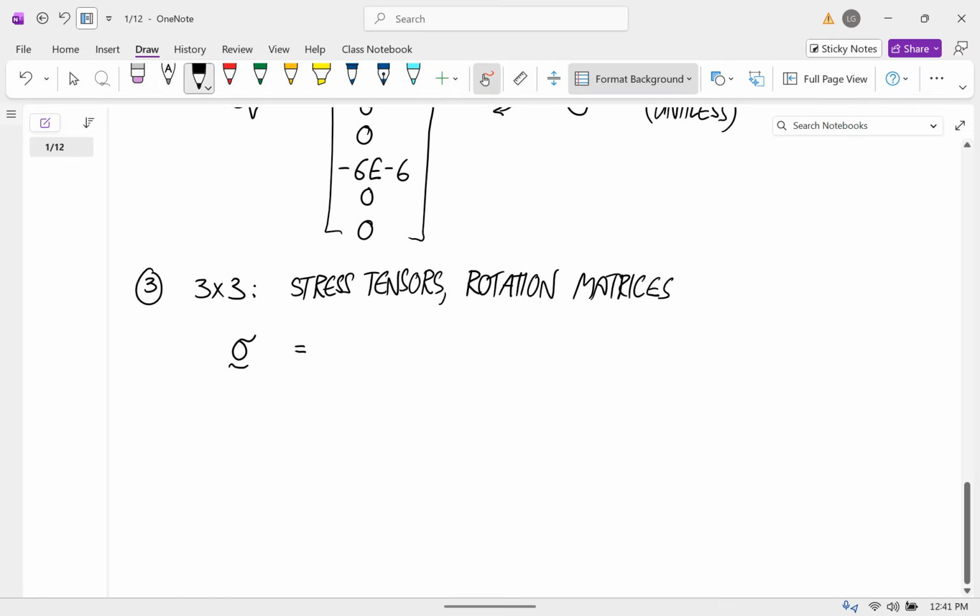And this would be an example of a stress tensor: 6 times 10 to the 6th, 0, negative 8 times 10 to the 7. Then the next row, 0, 5 times 10 to the 7, negative 2 times 10 to the 7.